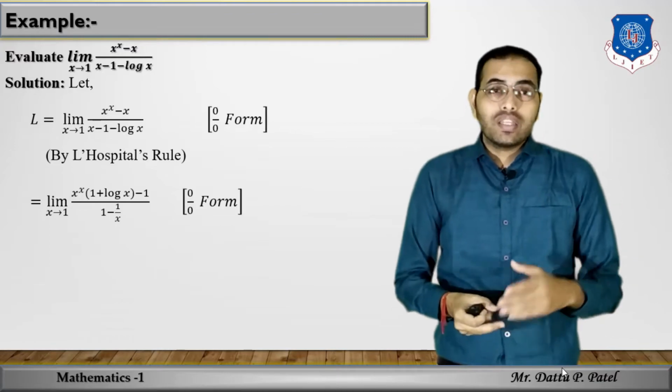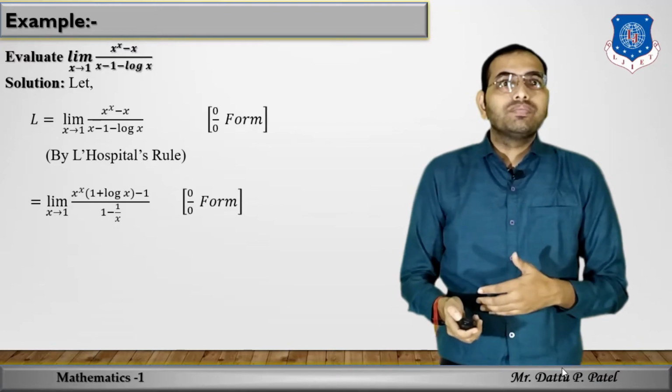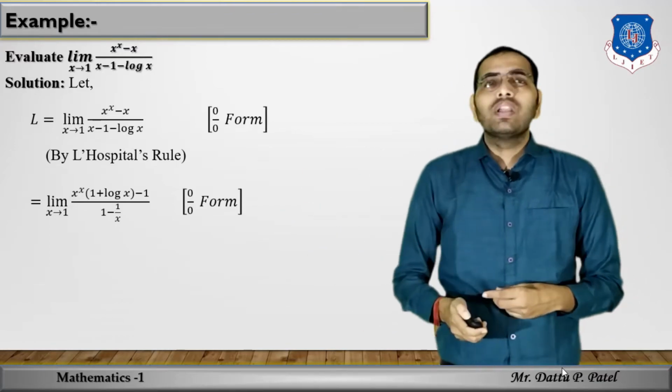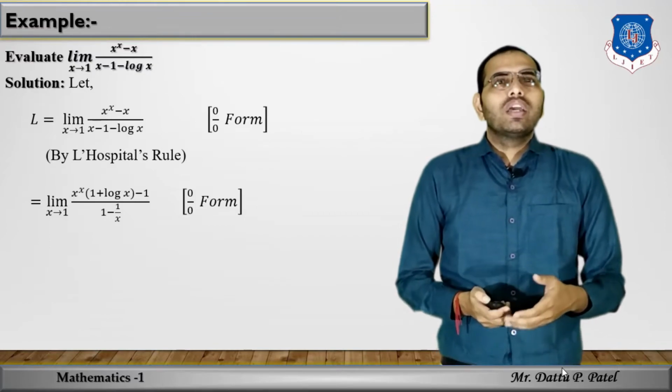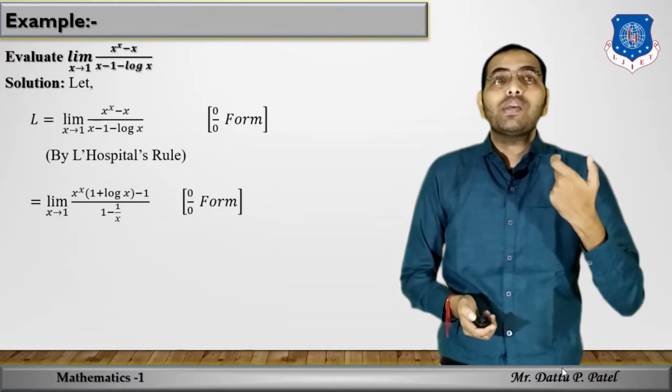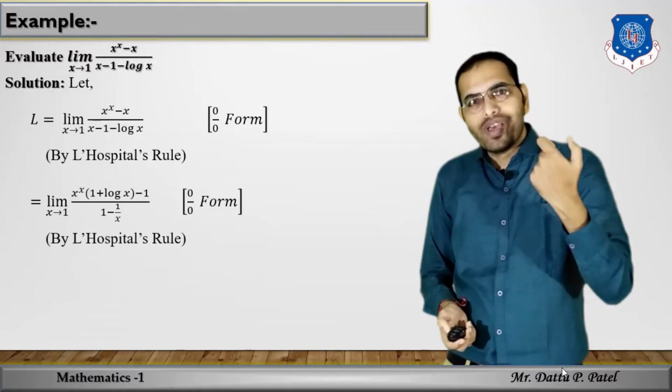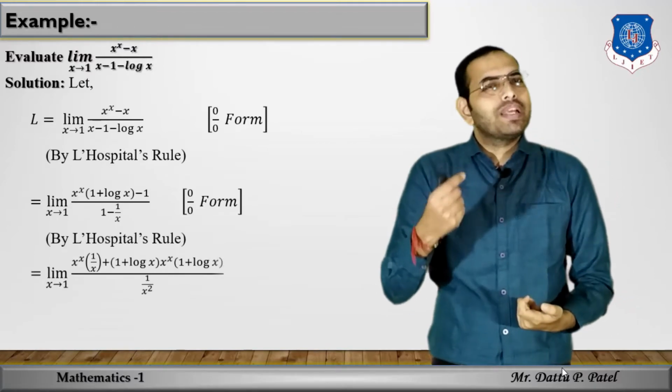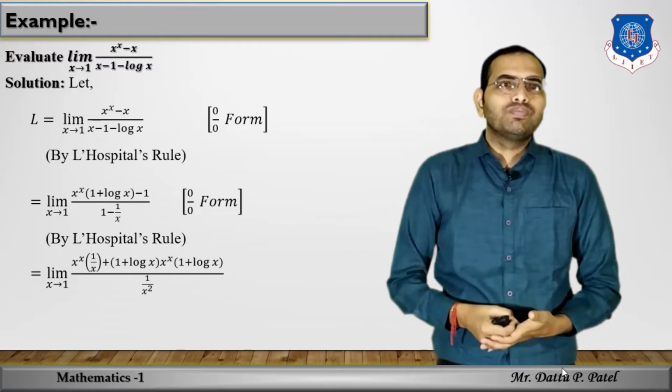Again we have to check whether it is 0 by 0, and obviously it is 0 by 0 form. Then with the help of L'Hopital's rule, for x raised to x into 1 plus log x, we have to apply the product rule, meaning u as it is times the derivative of v plus v as it is times the derivative of u.